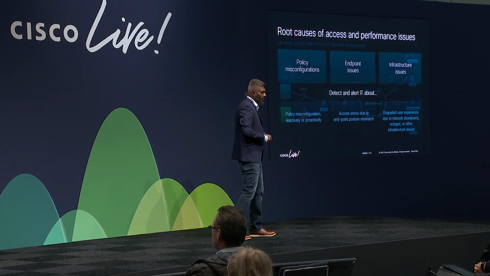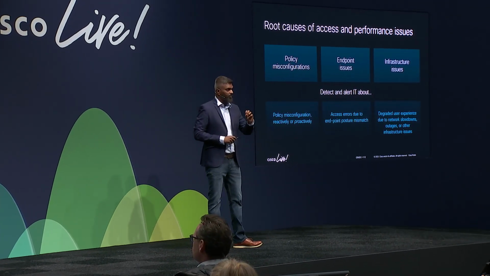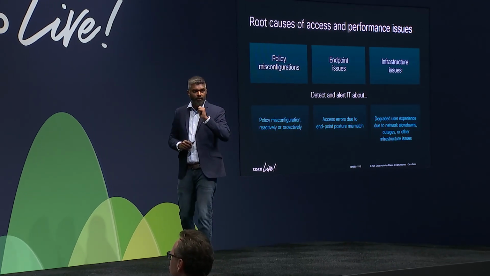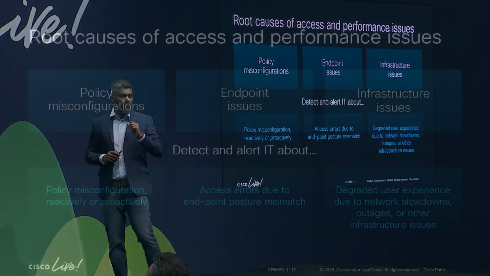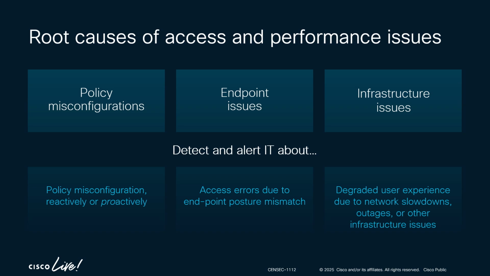Let's switch gears and look at some of the things we want to be able to do for operational resilience. If you think about root causes for access and performance issues, they can broadly be put into three buckets, right? Number one is policy misconfiguration. So, making sure that if we're going to be pushing a policy, it is actually what it intends to do.